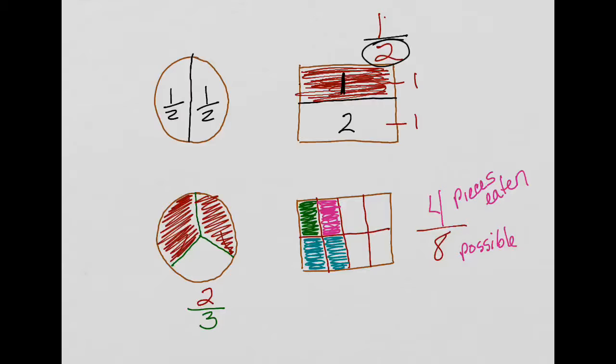Or we could even say 8 total. That's the most you could possibly eat of that cake, is 8 pieces. But only 4 pieces were eaten, so we would read that as 4/8.